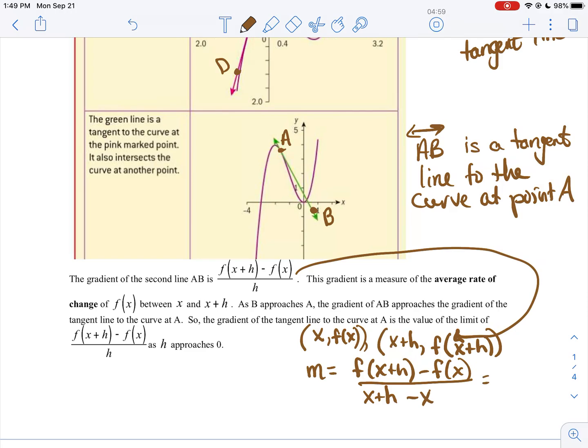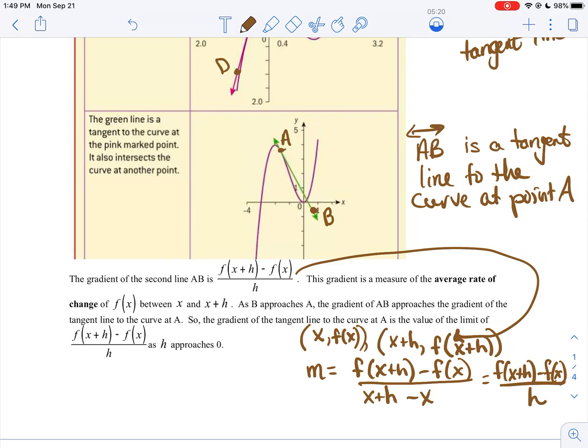Well, then what ends up happening is the x's cancel. And so this is leading me somewhere, okay? This is really leading me to something in calculus. We're laying a foundation here.